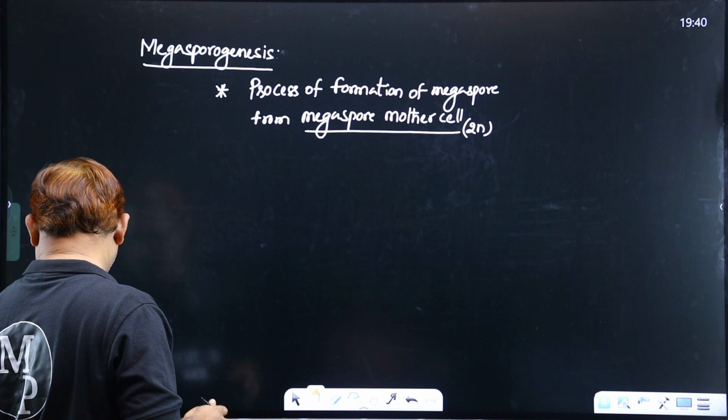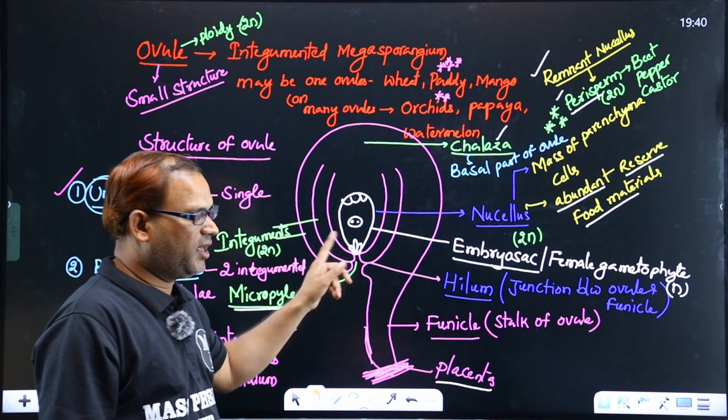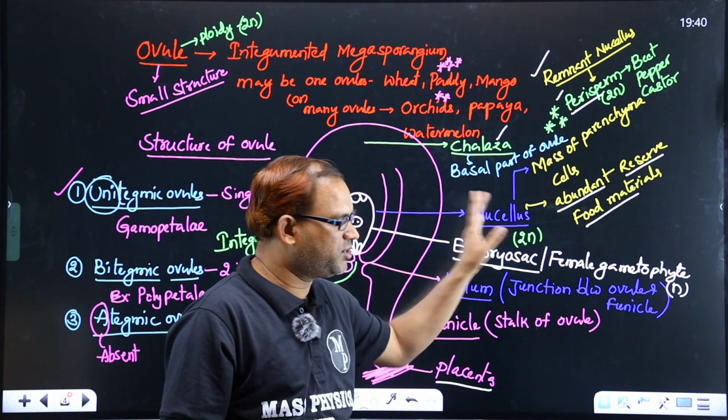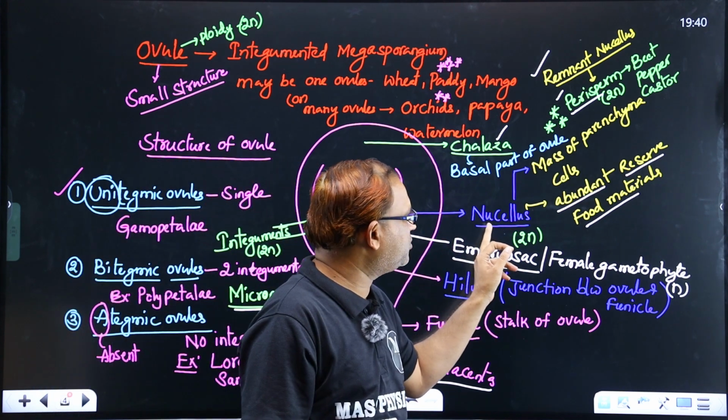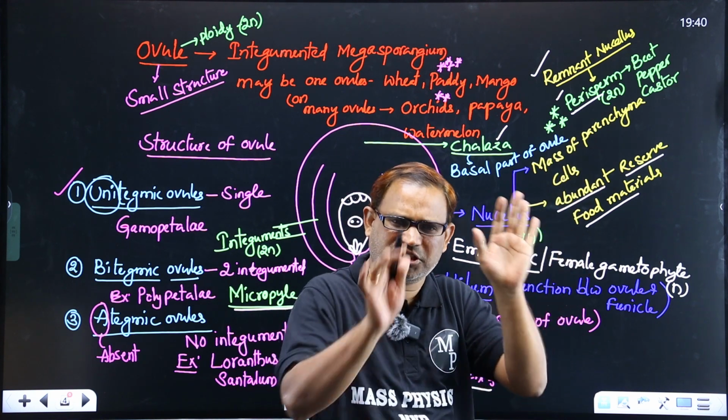This is the ovule. Inside, the major part is the nucellus, a mass of parenchyma cells. That is the tissue.